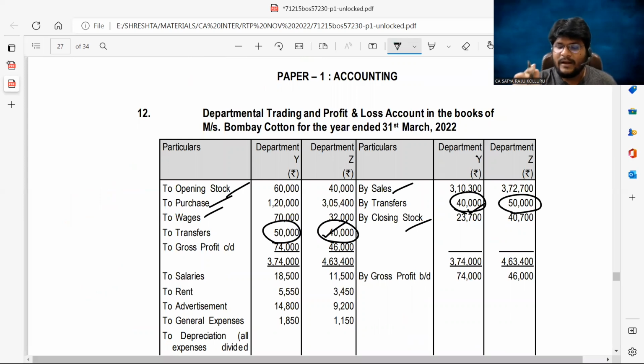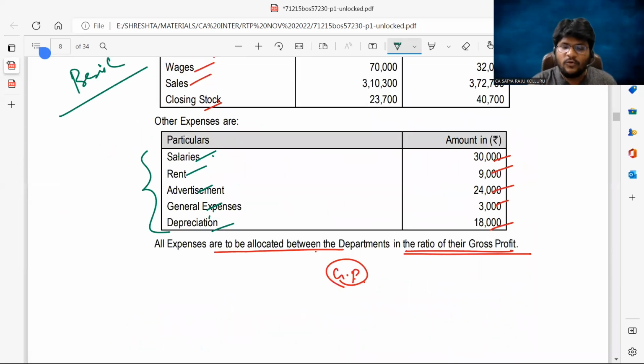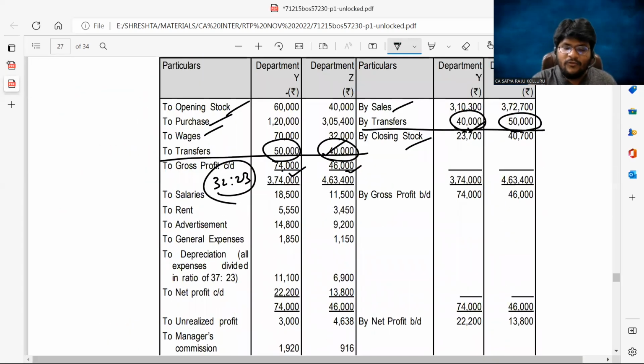That is the treatment for interdepartmental transfers in the trading account. Now you can work out the gross profit. You know the gross profit ratio, which is 32:23. You can apportion all these expenses in 32:23 between Y and Z in the P&L account: salaries, rent, advertisement, depreciation. Then you will get the net profits.